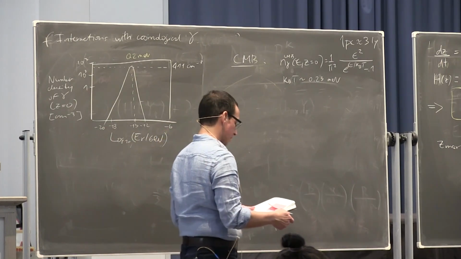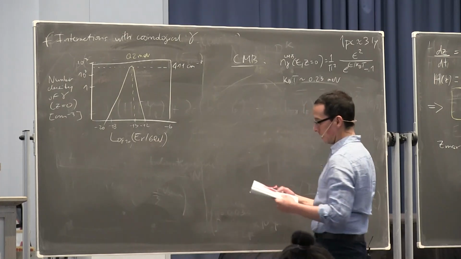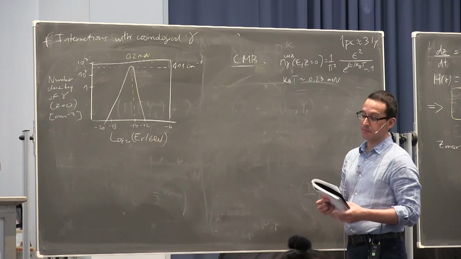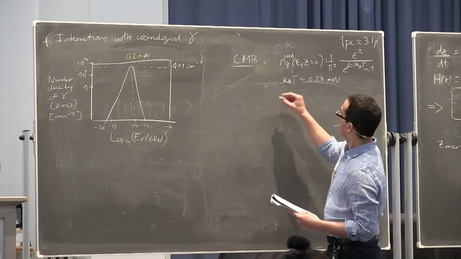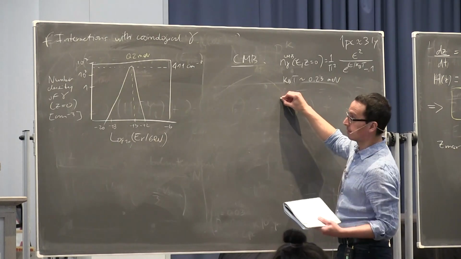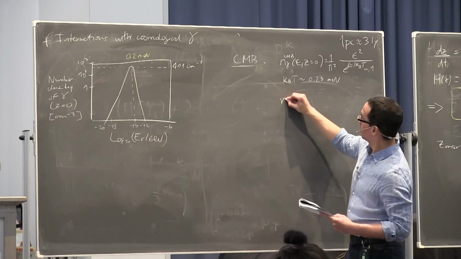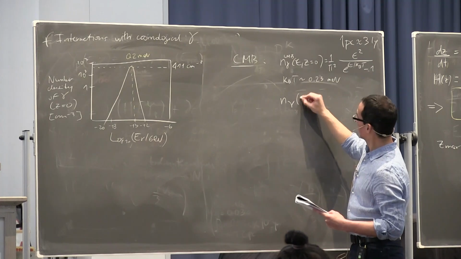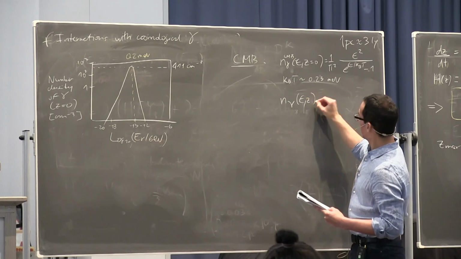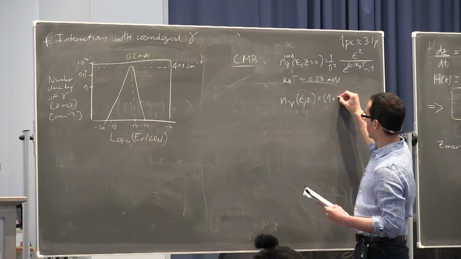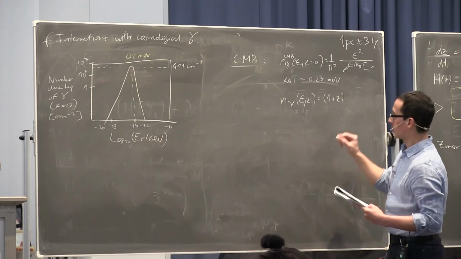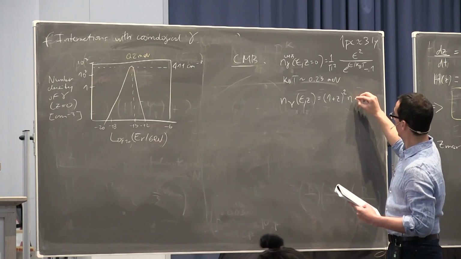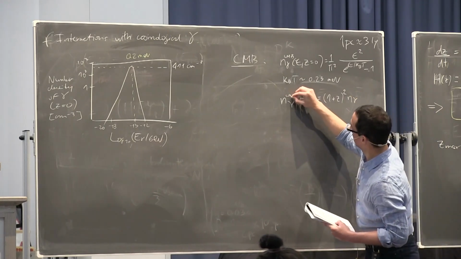And because of that, if you want to calculate the number density of CMB photons at a redshift z greater than 0, then it's like this. Let me write it first and then I'll explain why you will see a weird power here. CMB.